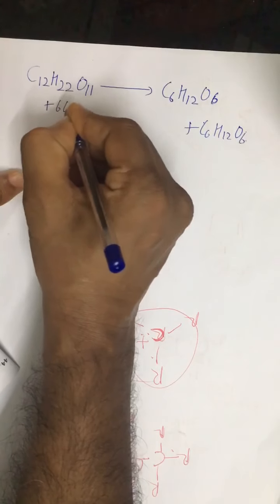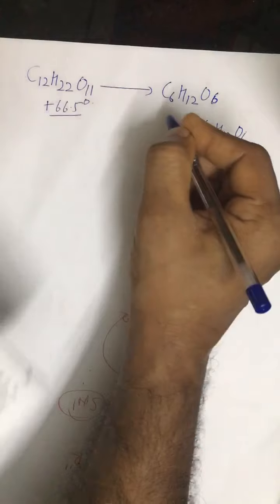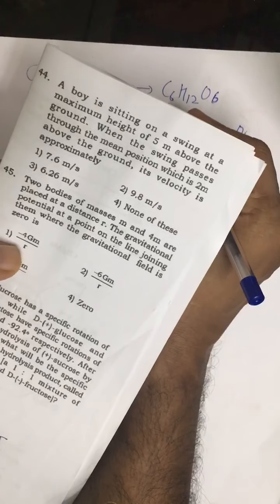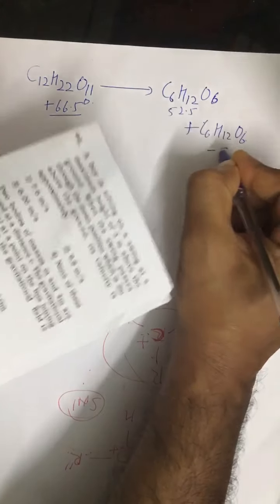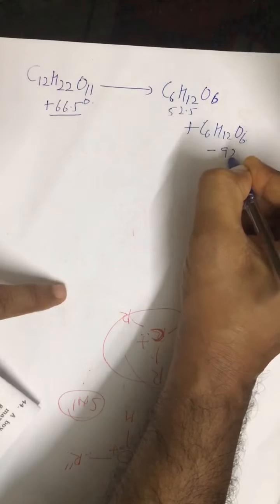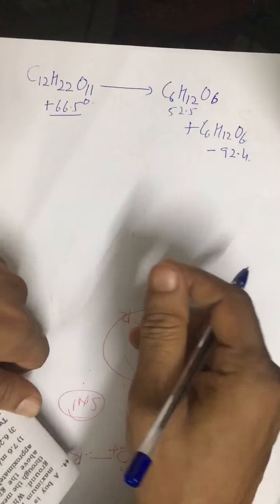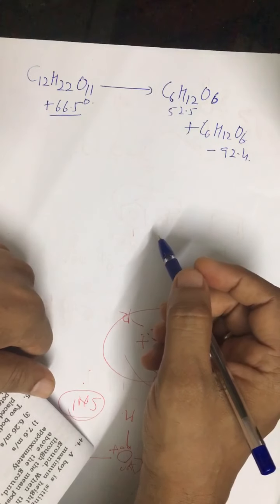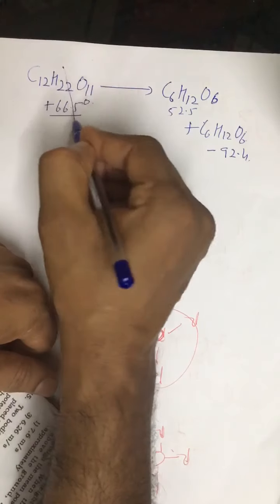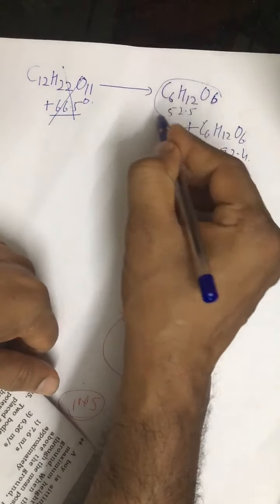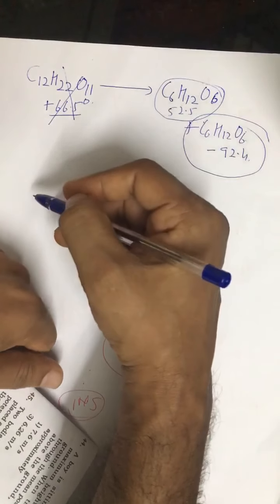Initially the optical rotation of sucrose was plus 66.5, glucose has plus 52.5 and fructose has minus 92.4. This reaction is called inversion, that is, change in optical rotation. So sucrose was consumed completely, and after this we are left with glucose and fructose only.